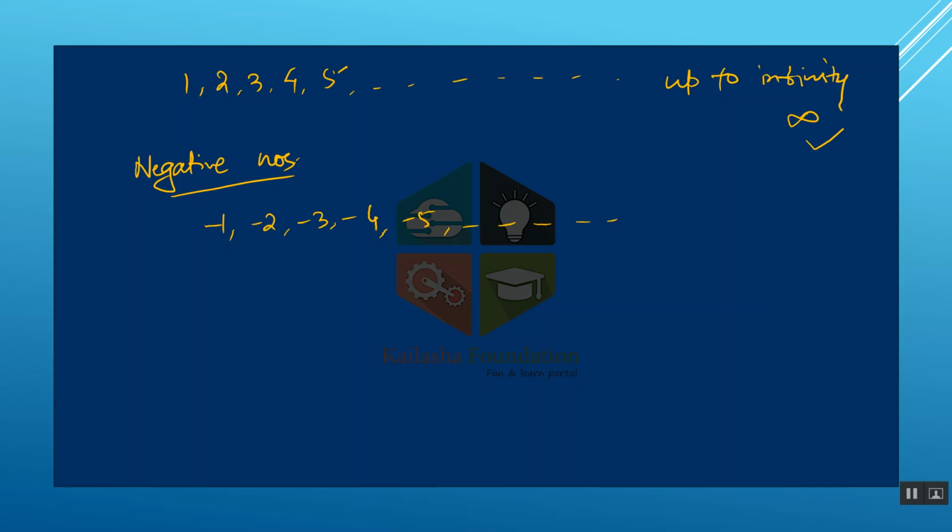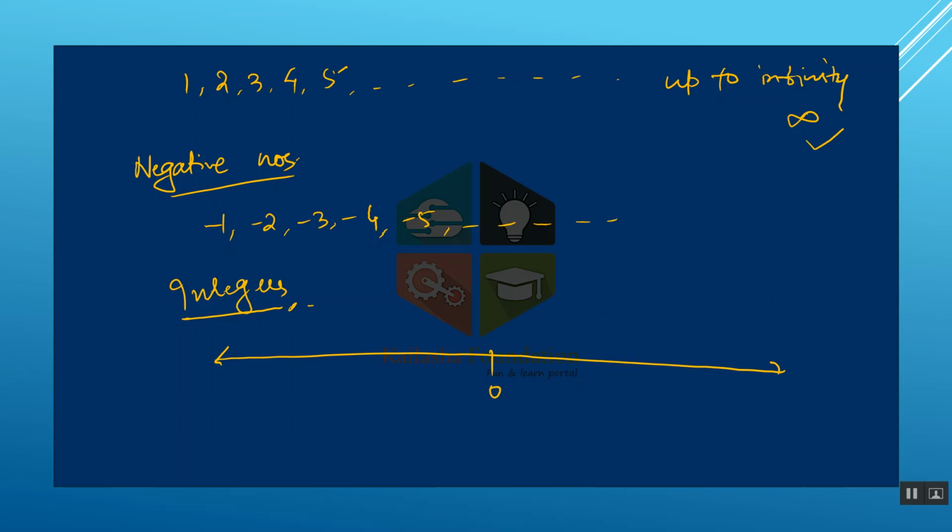Now we come to integers. Integers are basically natural numbers, their negatives, and 0. All these numbers are integers.